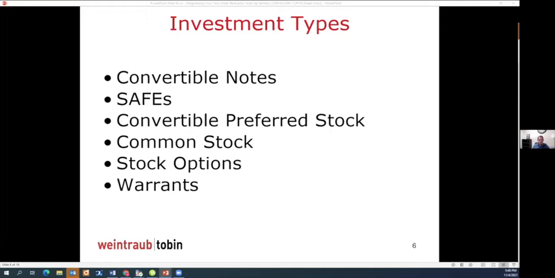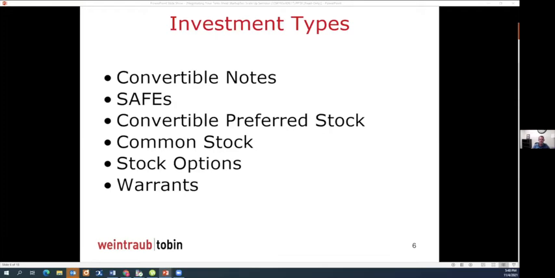Okay, so next we've got common stock, and this is sort of the baseline ownership. This is what you all as founders would have in your entities, and that's the last place that all of this stuff funnels to, right? So convertible notes and SAFEs would convert into some sort of preferred stock at the next round, but then that preferred stock at some future event would convert into common stock.